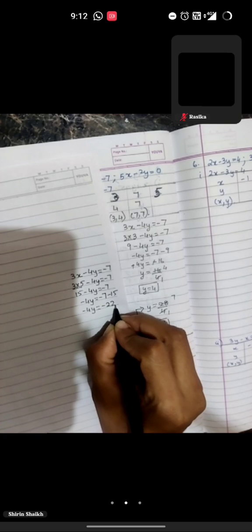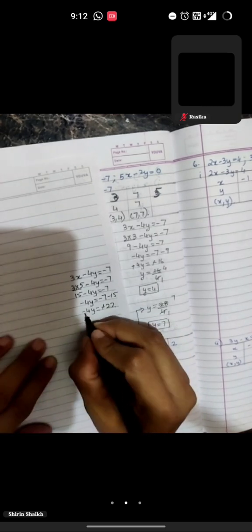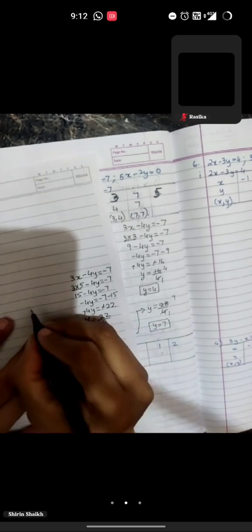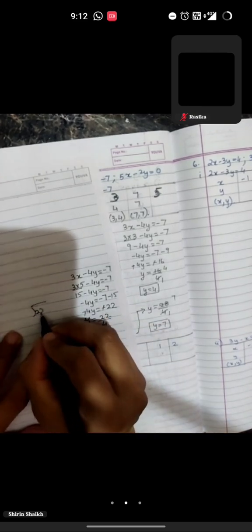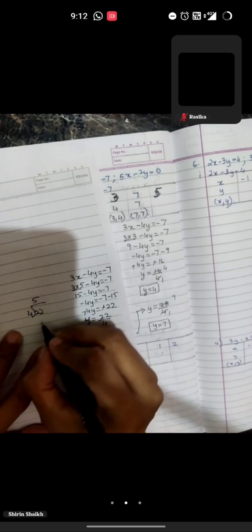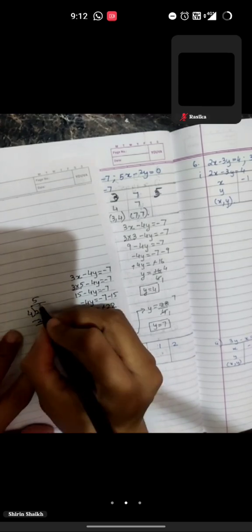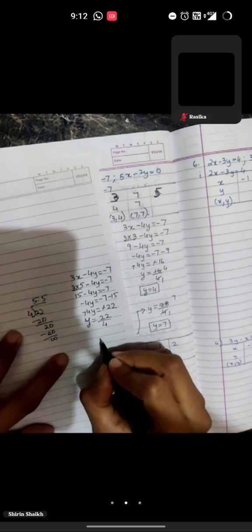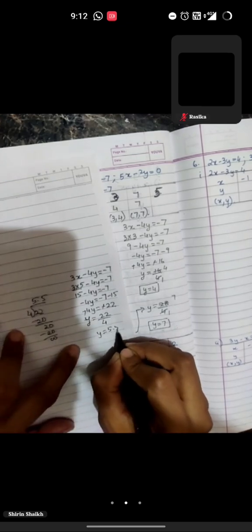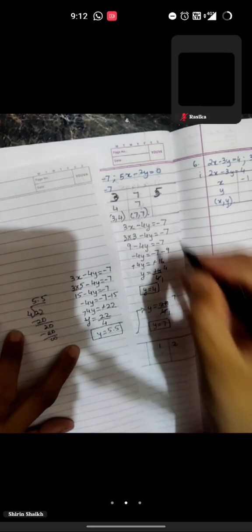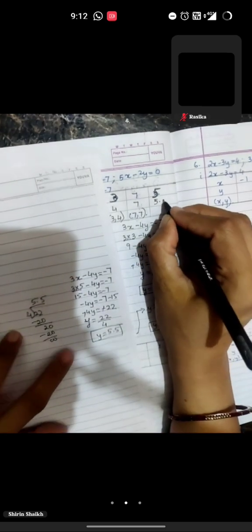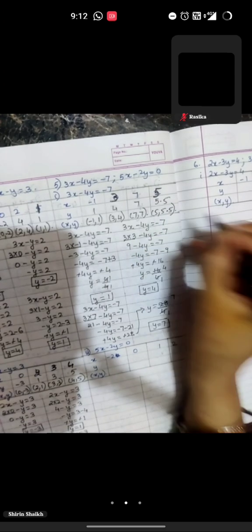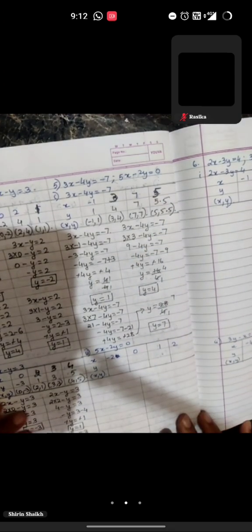Minus 22, the minus signs cancel. 22 upon 4. I'm just doing the division here. 4 fives are 20. So y is 5.5. So when x is 5, y is 5.5. I hope you understood this.